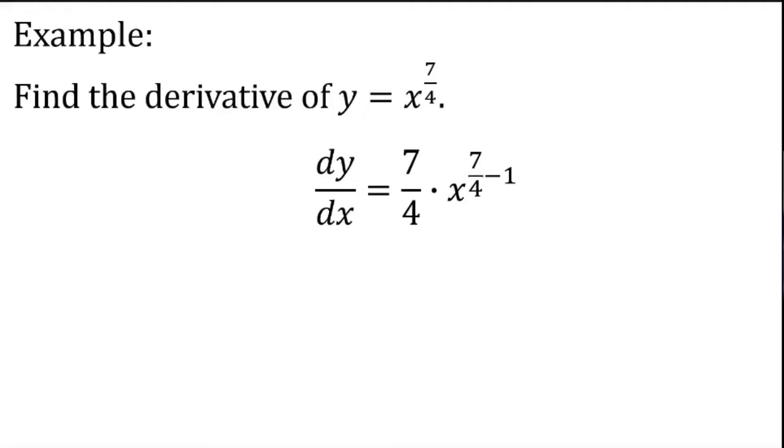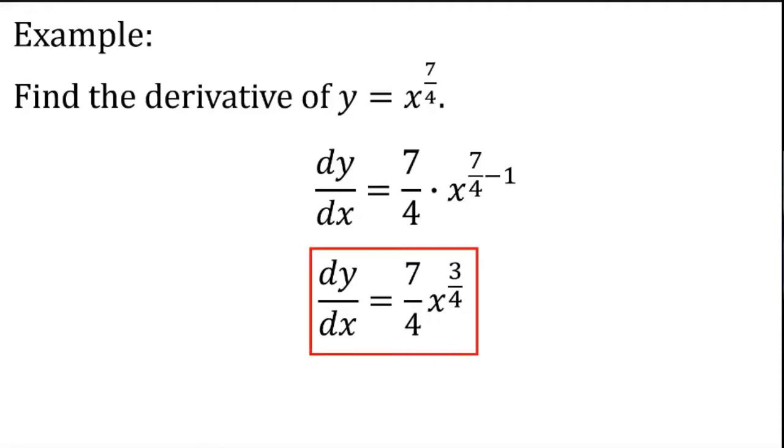So 7 over 4 minus 1 is equal to 3 over 4. So this will become dy over dx equals 7 over 4 x raised to 3 over 4. So that's it. If you want to express your answer as 7x raised to 3 over 4 all over 4, so that's fine. Ano?